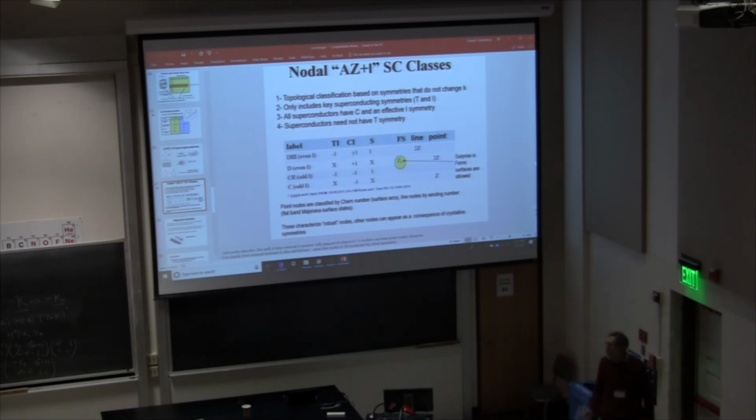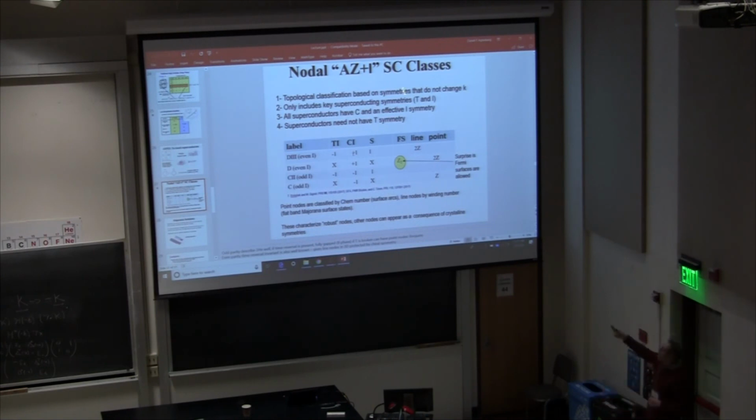Right? And so this means that if you have a non-zero Weyl charge, so you have point nodes in an odd parity superconductor that's broken time reversal, then this classification tells you that there's going to be certain Fermi surface arc states associated with that. And that's something you can see experimentally.